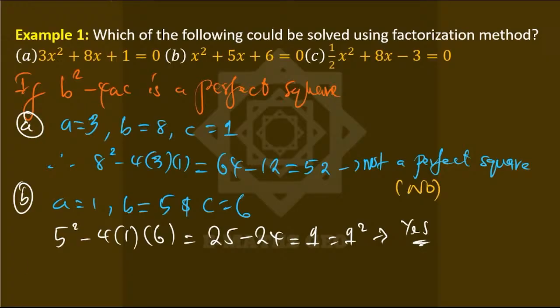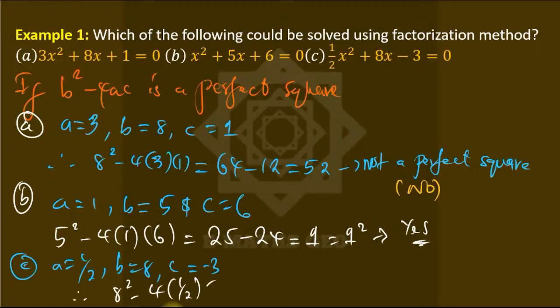Now the last one, let's see if it's possible. a is half, b is 8, and c is minus 3. So let's test. b squared is 8 squared minus 4 times half times minus 3, which is 64 plus 2 times 3, that is 6, which is 70.